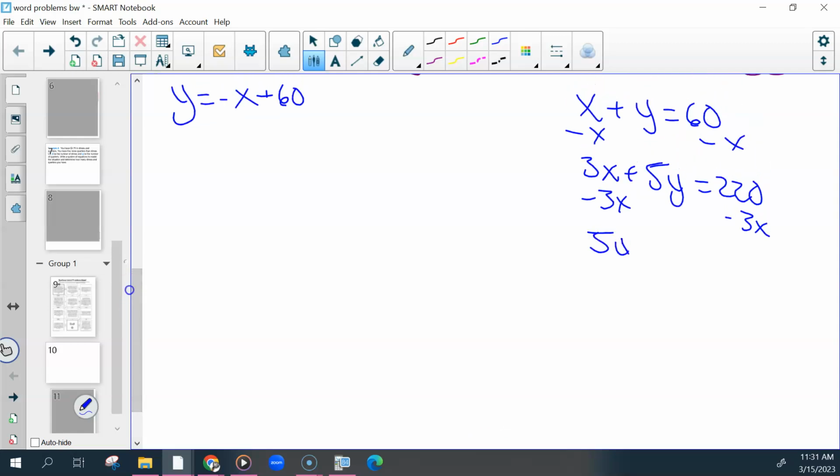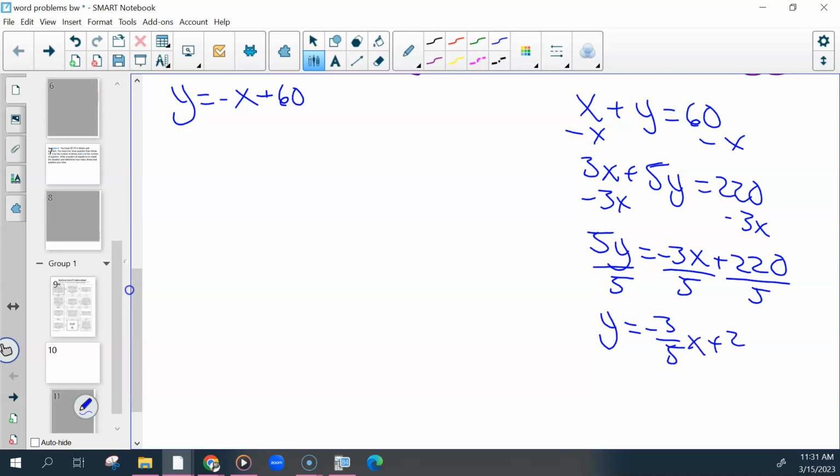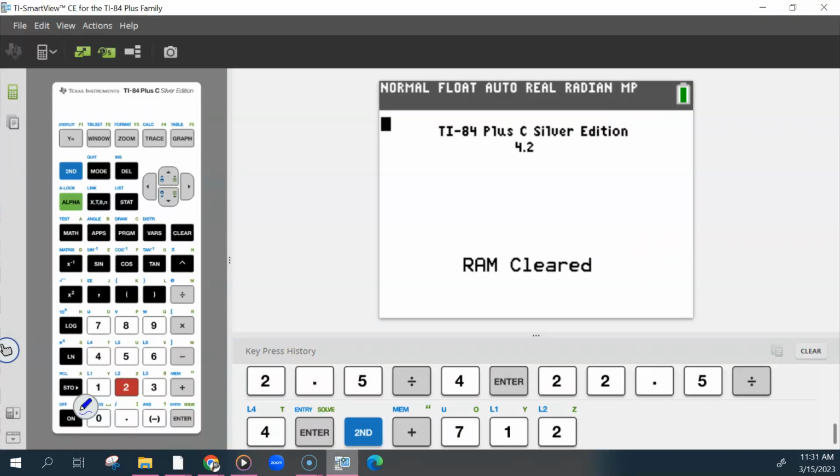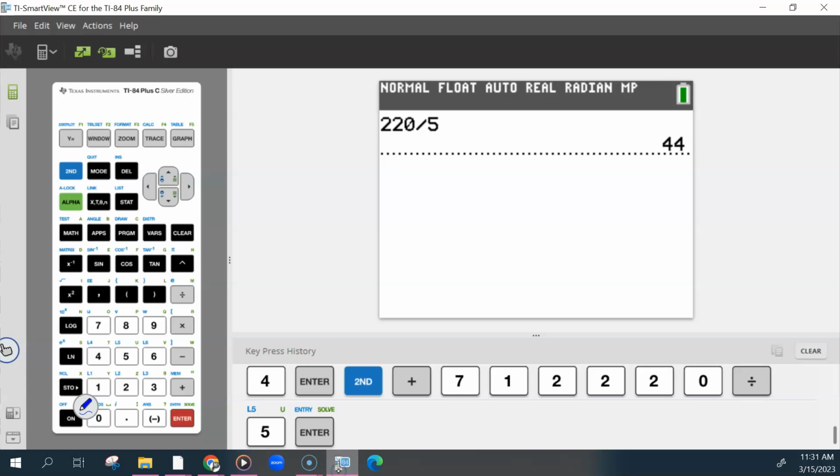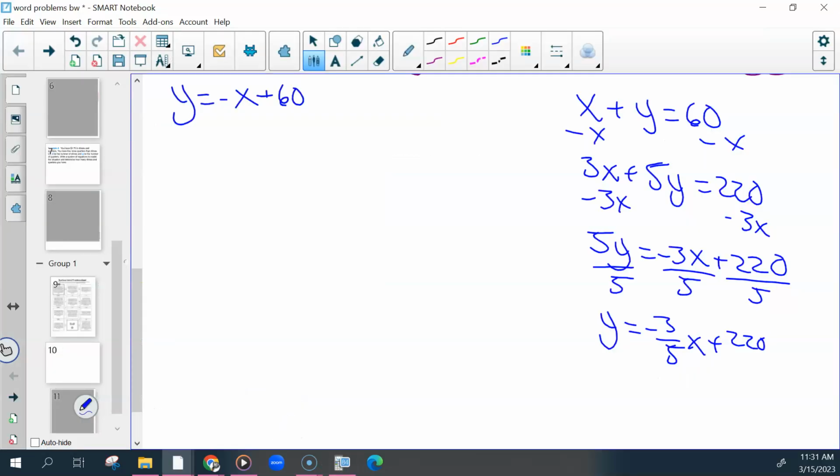And then we have to divide everything by 5. This as a decimal, you can do that. So these are our two equations.